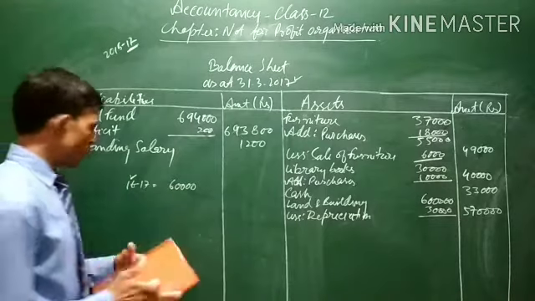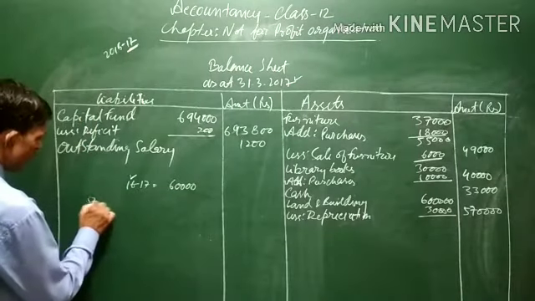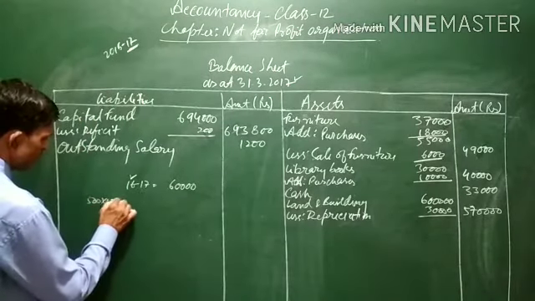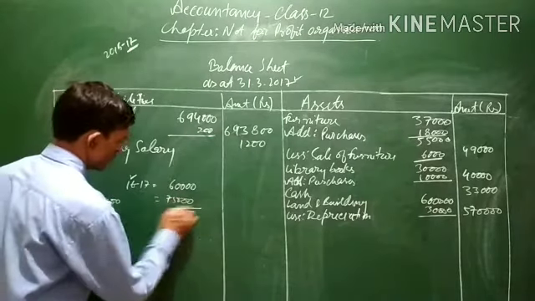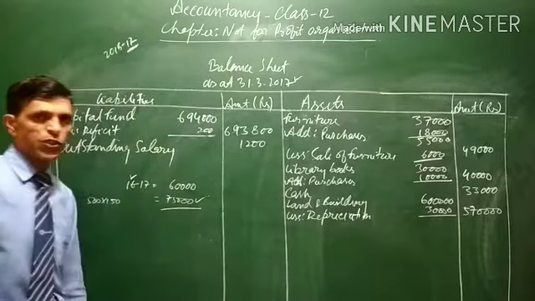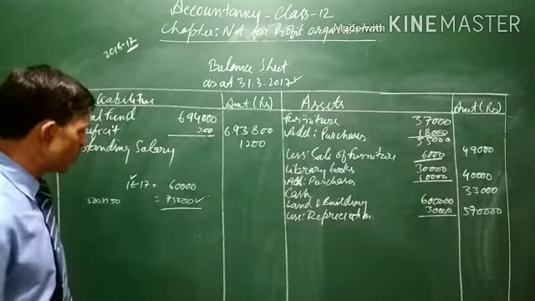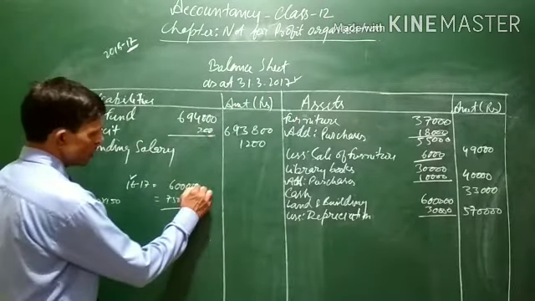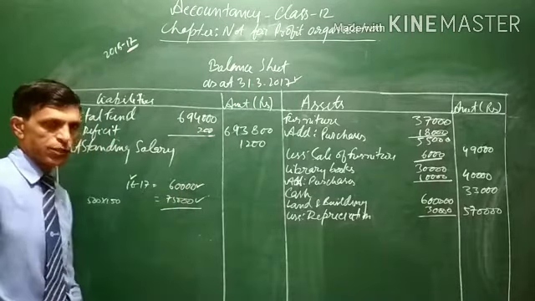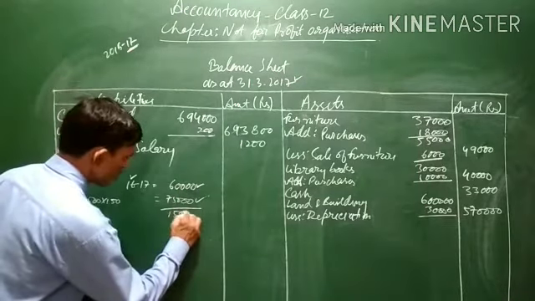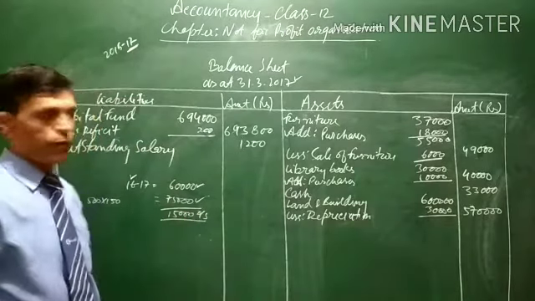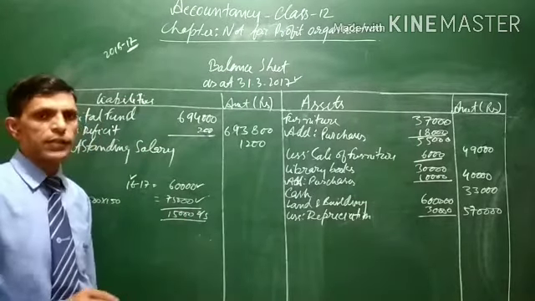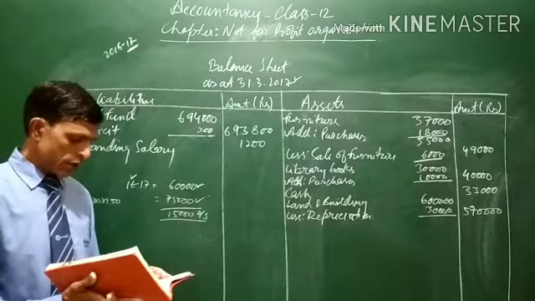Moreover, we have 500 members, each member paying 150. That comes to 75,000. This is the actual amount which the NPO should have received, but out of this only 60,000 has been received. Means 15,000 was not received for the current year. This is outstanding subscription.